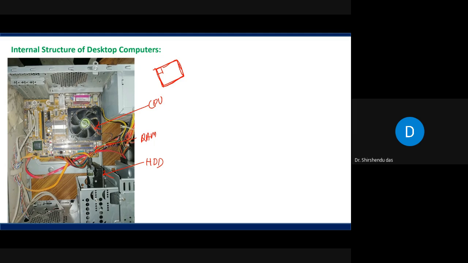So the CPU or processor has the processing unit, which we normally call the core, and then it has memories called cache memories. Everything is inside this chip. When you purchase a CPU from the market separately as a chip, you will purchase all the cores and all the cache together at a time. That's why cache memory is called on-chip memory.